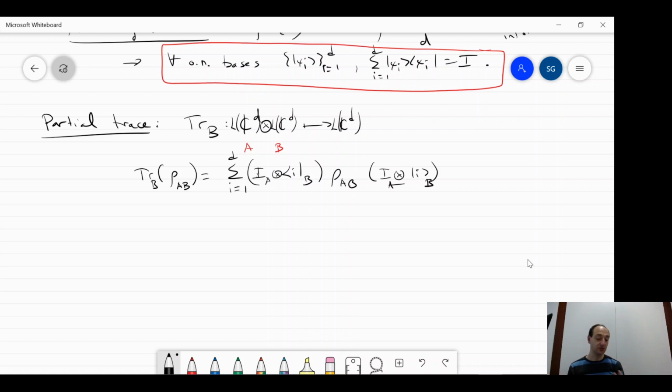Okay, so this is the partial trace where I'm tracing out the second system. And here, to be clear, rho AB is a linear operator that acts on C^d tensor C^d. And again, the dimensions don't have to match the local dimensions. I just chose to make it so in this example.